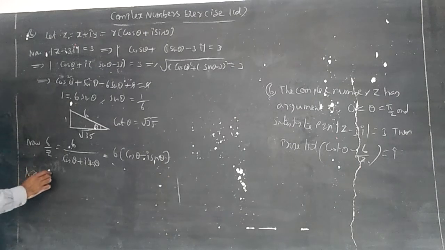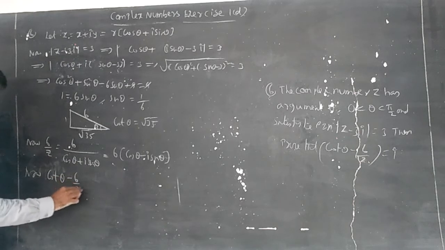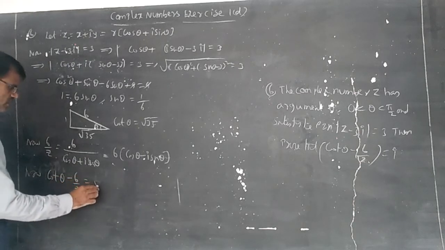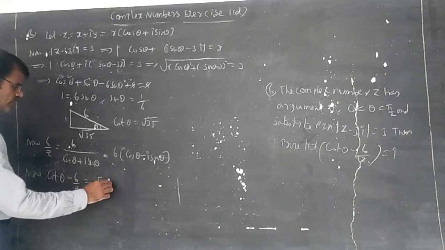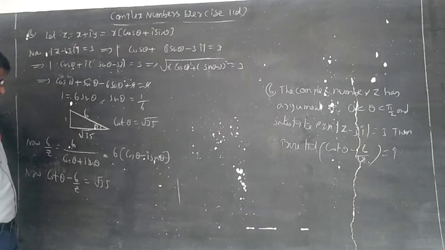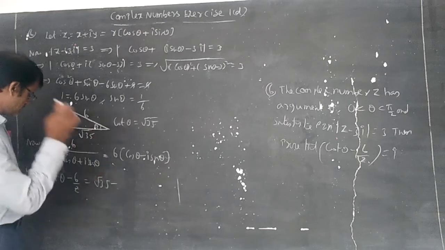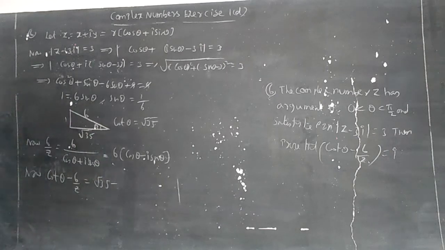Now let us calculate cot theta minus 6 by z. That is, your cot theta is equal to root 35, root 35 minus 6 by z. So 6 by z means here cos theta minus I sin theta.